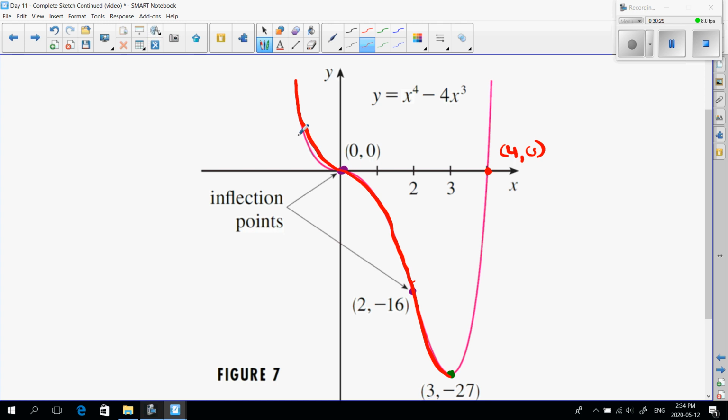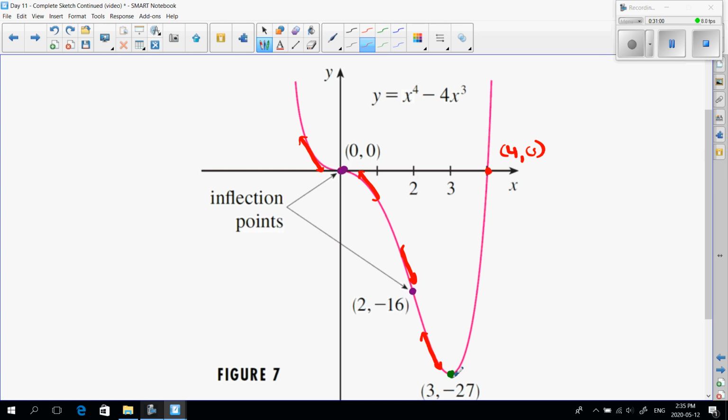Or my tangent lines, let's undo that and take that away. Look at my tangent lines. If I were to draw tangents anywhere along this curve, the tangent lines all have negative slopes. That means the function is decreasing, and that's what that first derivative test told me.